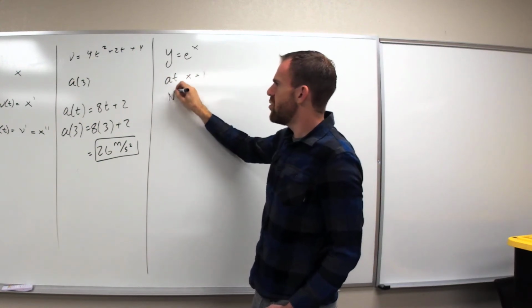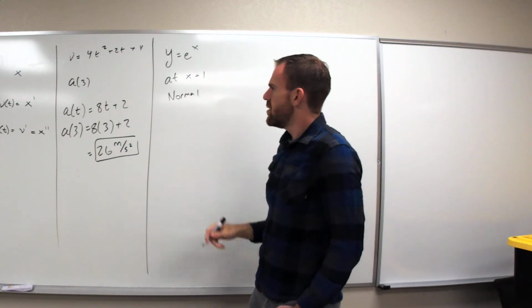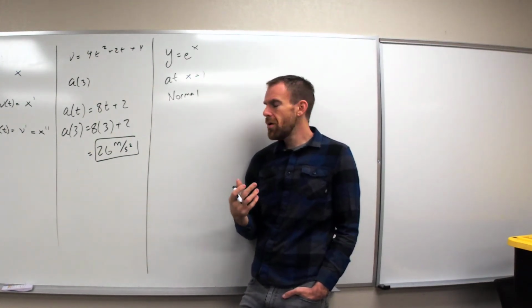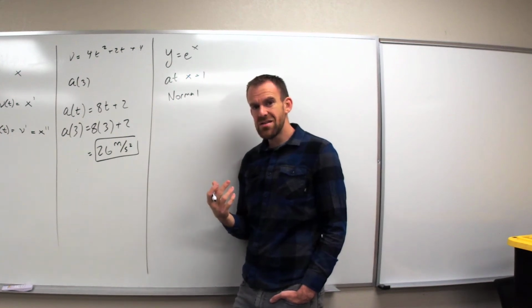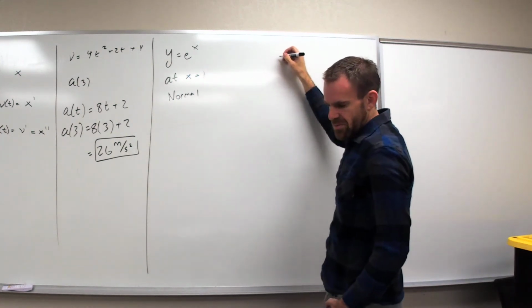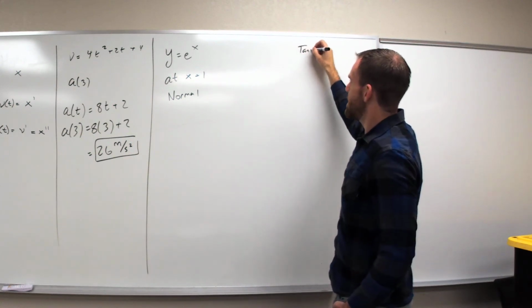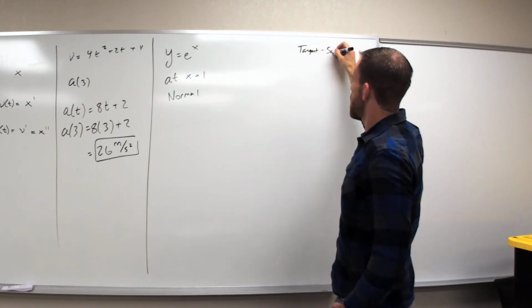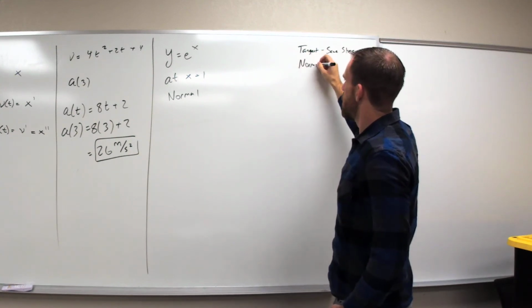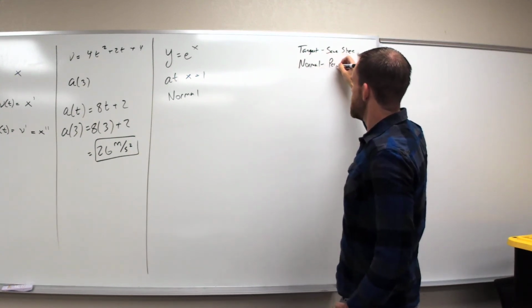And I want the normal line. So what does that mean? Well, the line tangent has the same slope. So we'll just have our little thought bubble over here. Tangent means same slope. Normal means perpendicular slope.